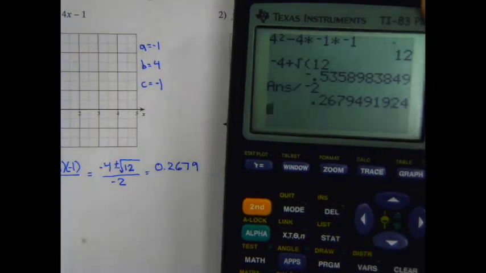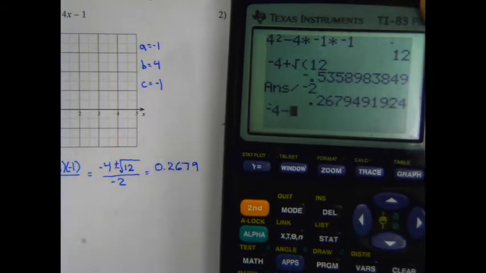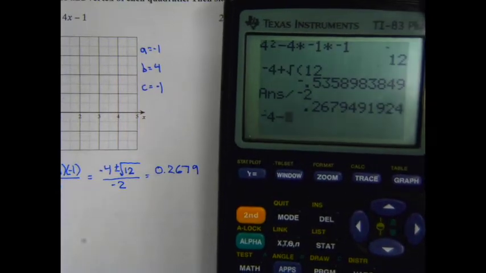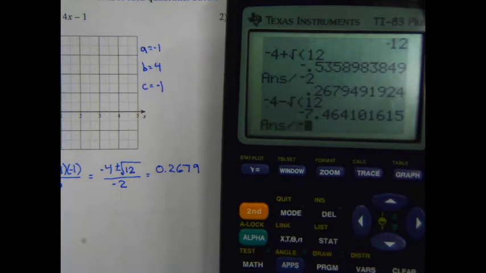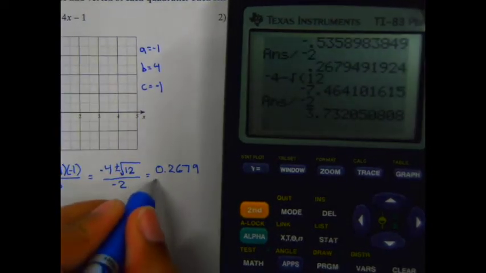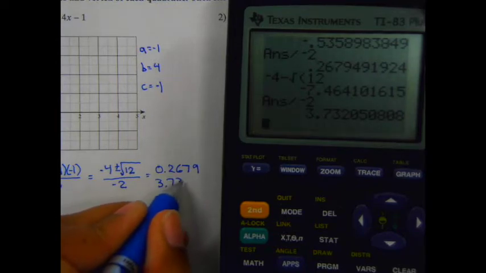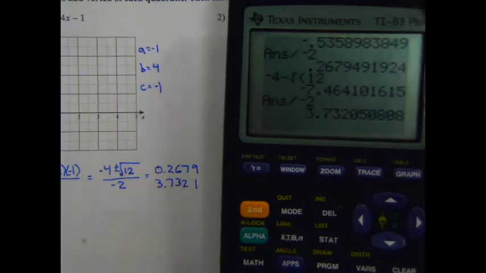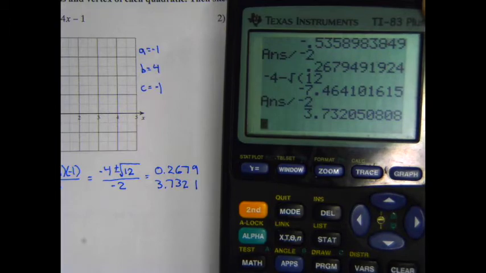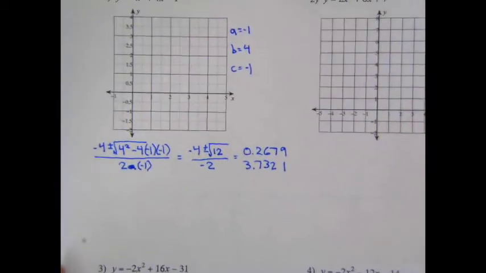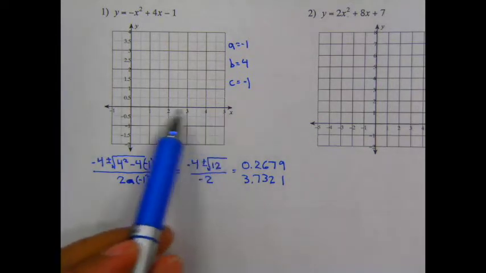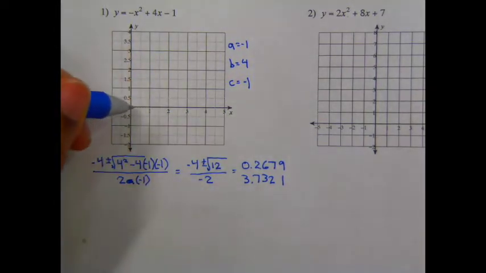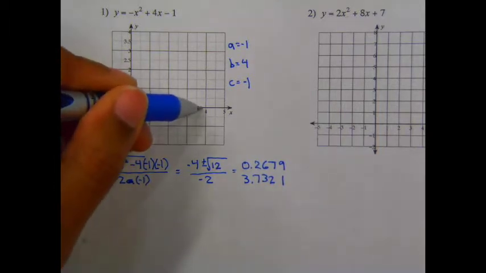Then -4 minus the square root of 12, divided by -2, gives our second answer. I'm going to round those. Those are my zeros, the places where the graph crosses the x-axis, so let's graph them: 0.2 and 3.7, a little bit more than 3.5.